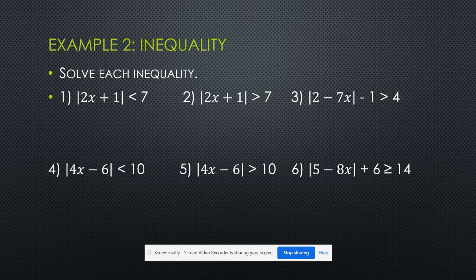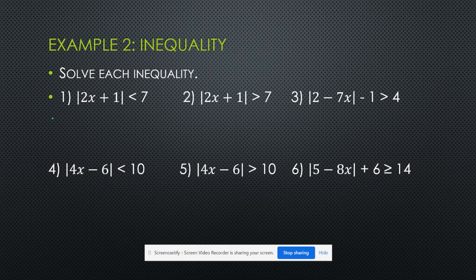Inequalities. So we have to decide if we have a type 2 or type 3 equation from that very first slide. Which type of inequality do we have? If I'm looking at number 1, our inequality is type 2.